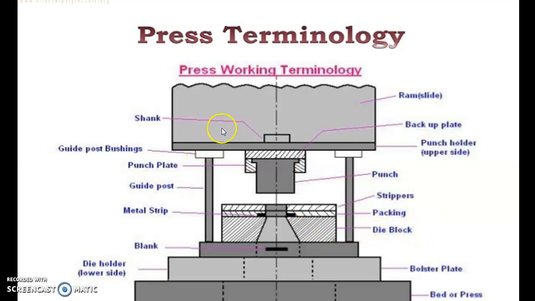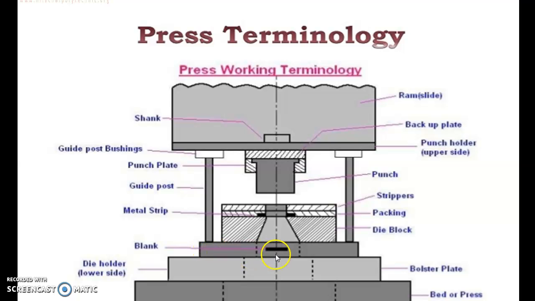Here the upper side, the punch, is the upper side of the press tool which is fitted on the ram and moves up and down vertically. Here is the center line. This piece is called the metal strip, and for the alignment of the punch and die we are using a guide post so that the punch enters into the cavity of the die.